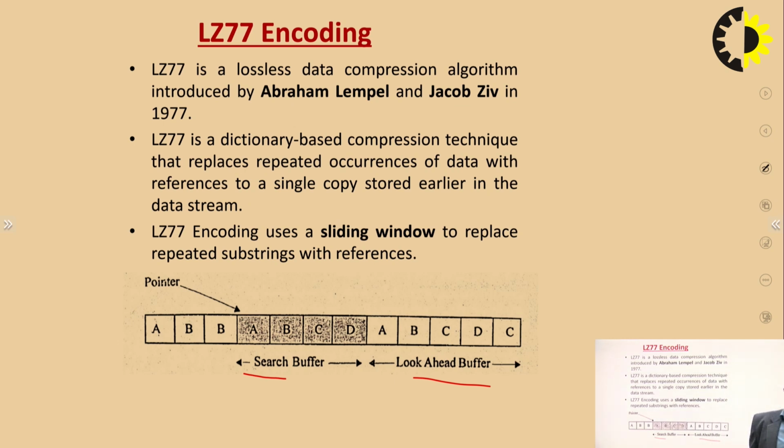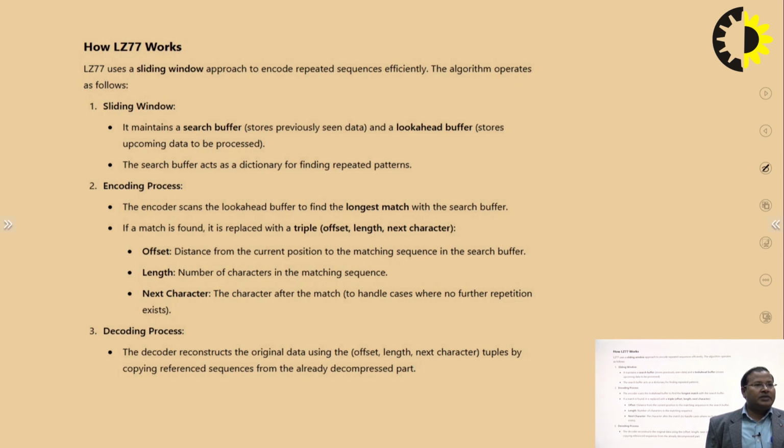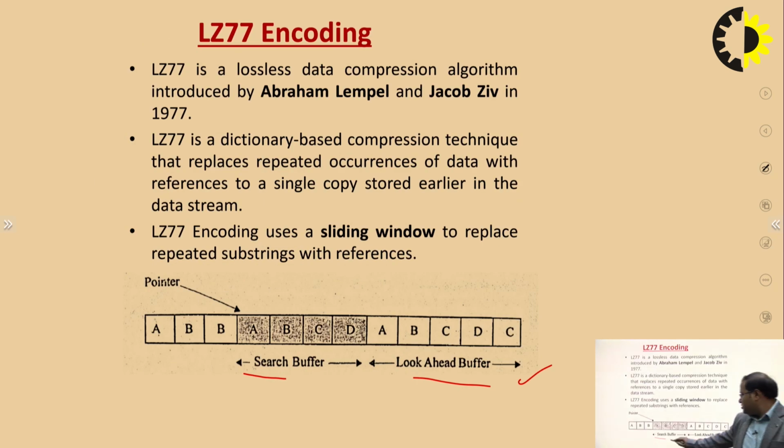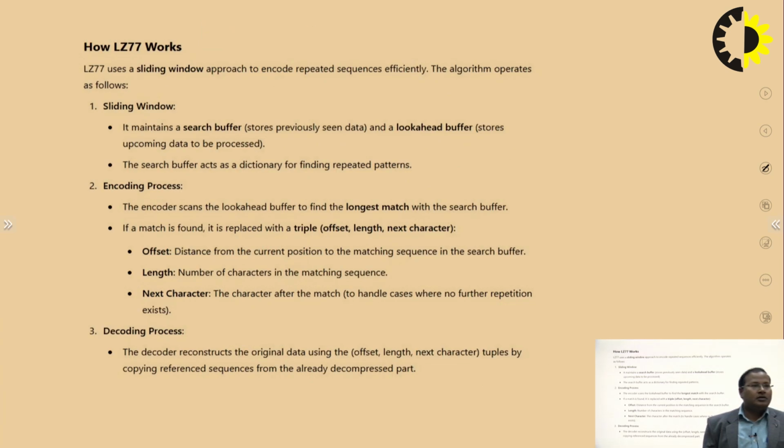This is the sliding window. It maintains a search buffer, here search buffer, then look ahead buffer. So it maintains a search buffer, which stores previously seen data, and a look ahead buffer, which stores upcoming data to be processed. The search buffer acts as a dictionary for finding repeated patterns.